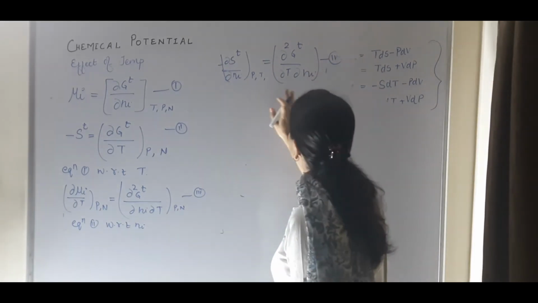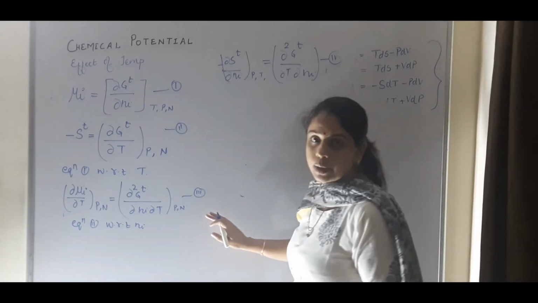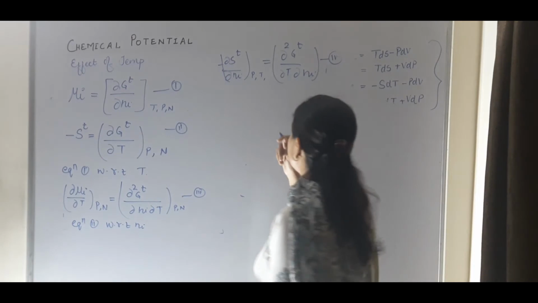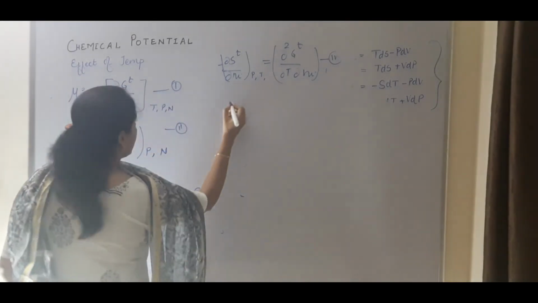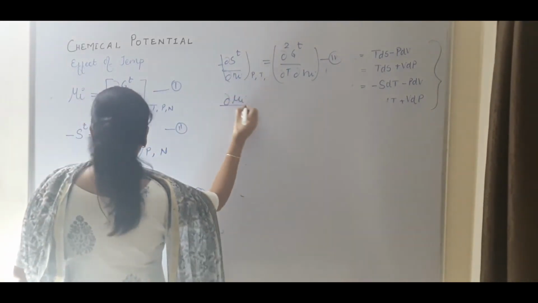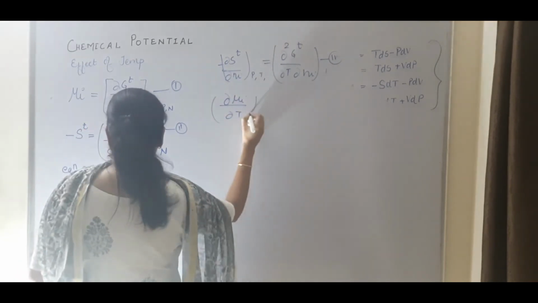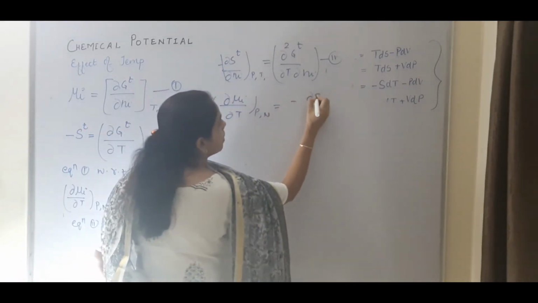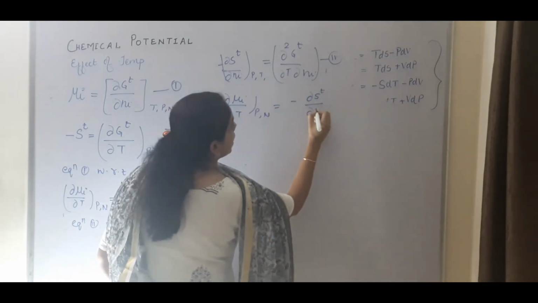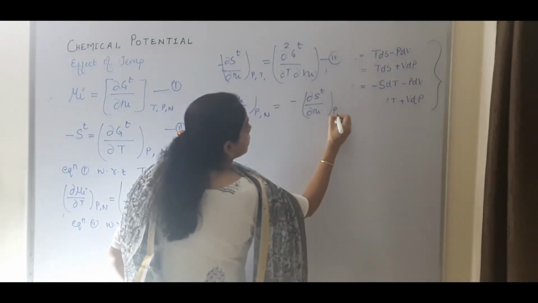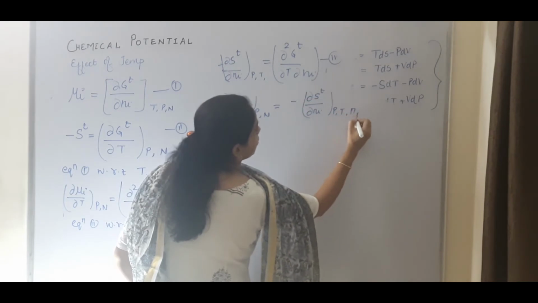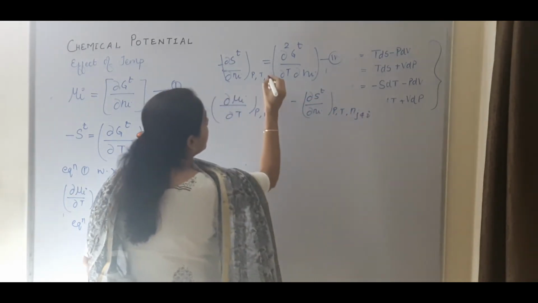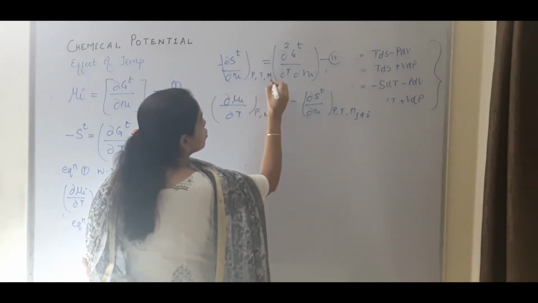Now if you compare equation number 3 and equation number 4, we get ∂μ_i upon ∂T at constant pressure and number of moles equal to minus ∂S_t upon ∂n_i at P, T and n_j, where j is not equal to i. Here also j is not equal to i.